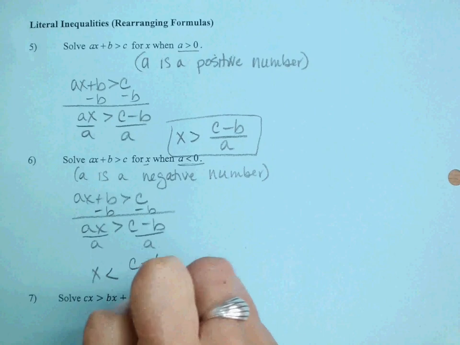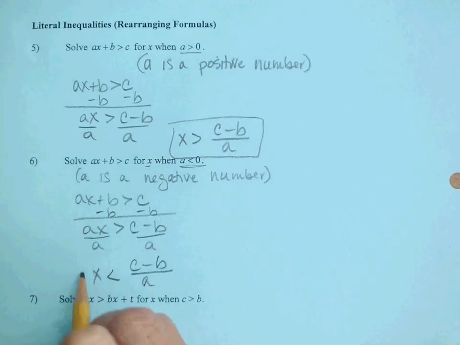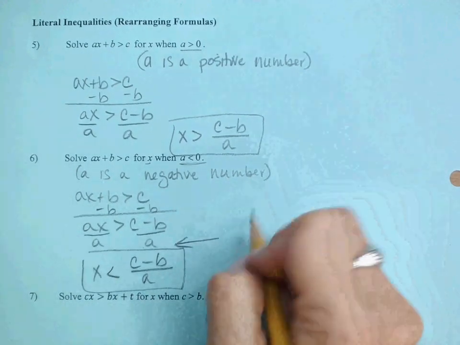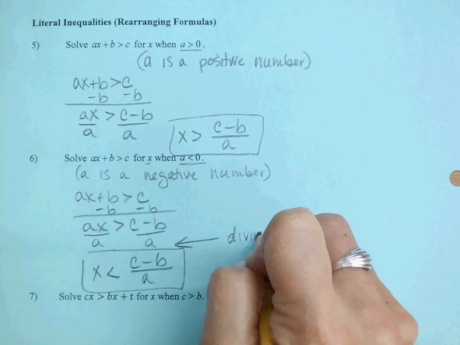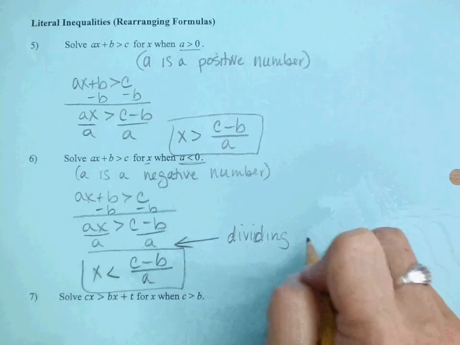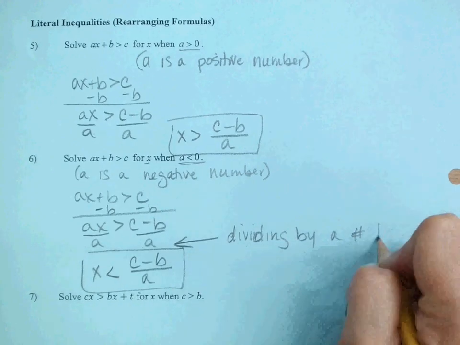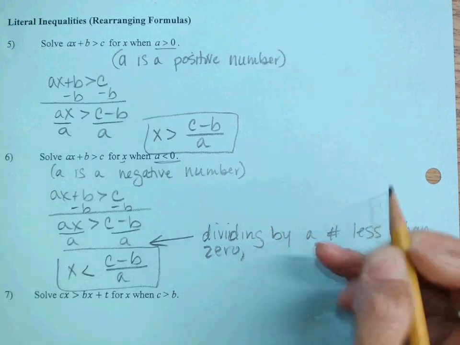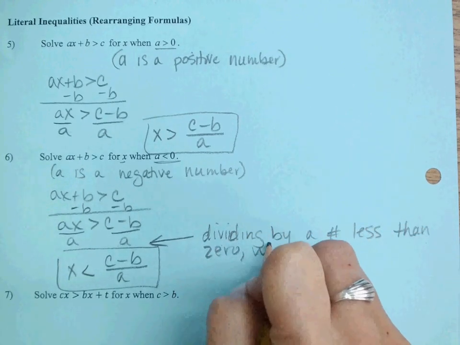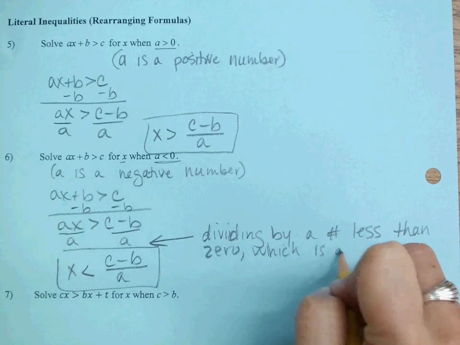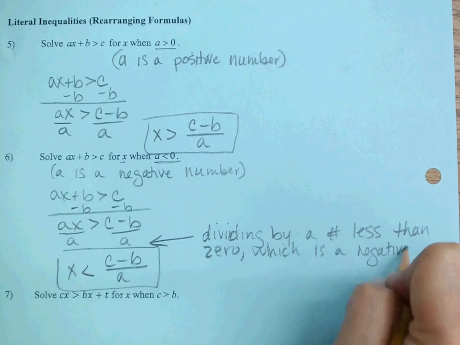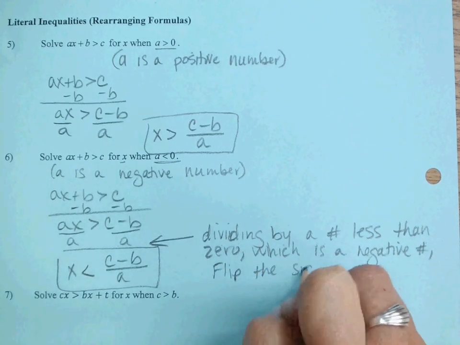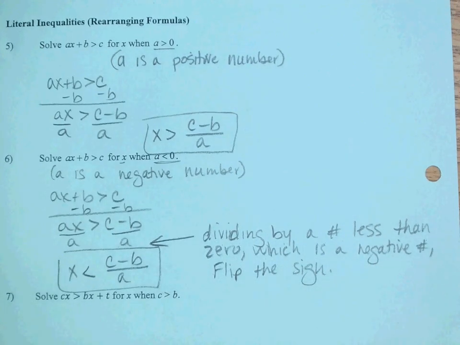So I have C minus B over A. Again, real quick, in this step, I'm going to write in: dividing by a number less than 0, which is a negative number, we're going to remember to flip the sign. Sorry about my sloppy handwriting.